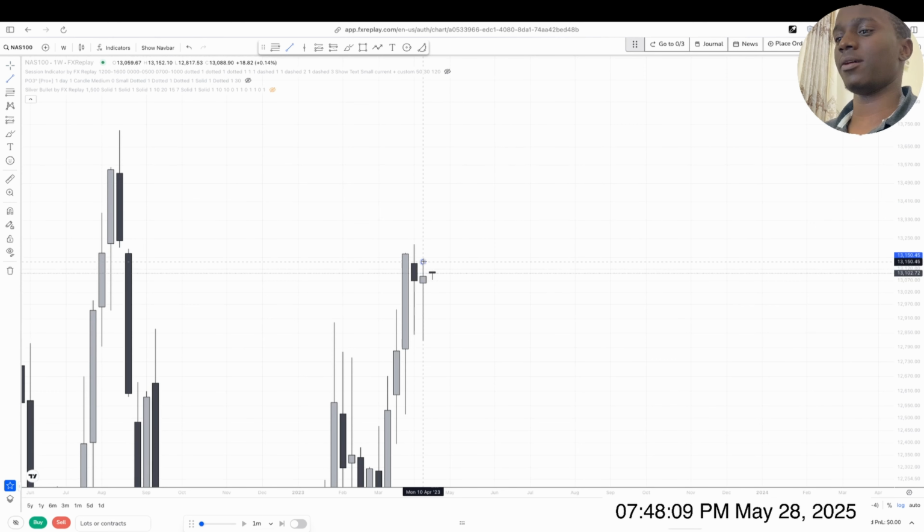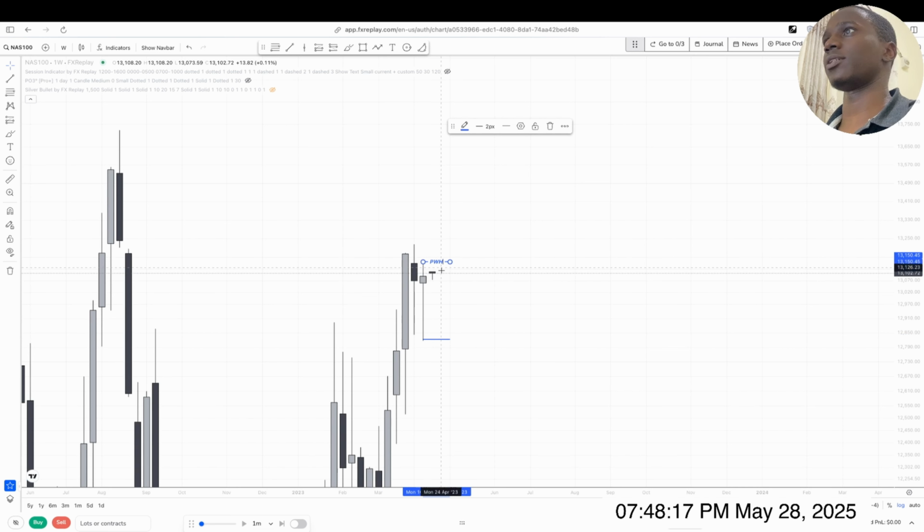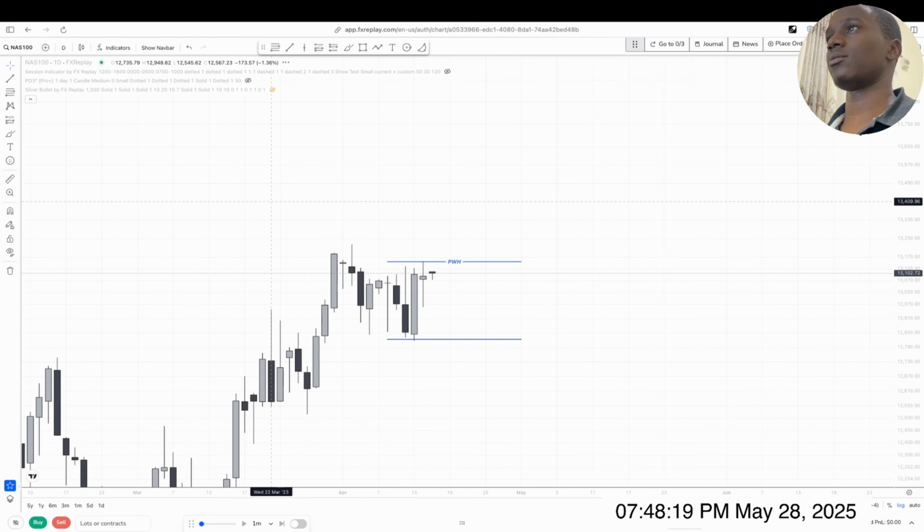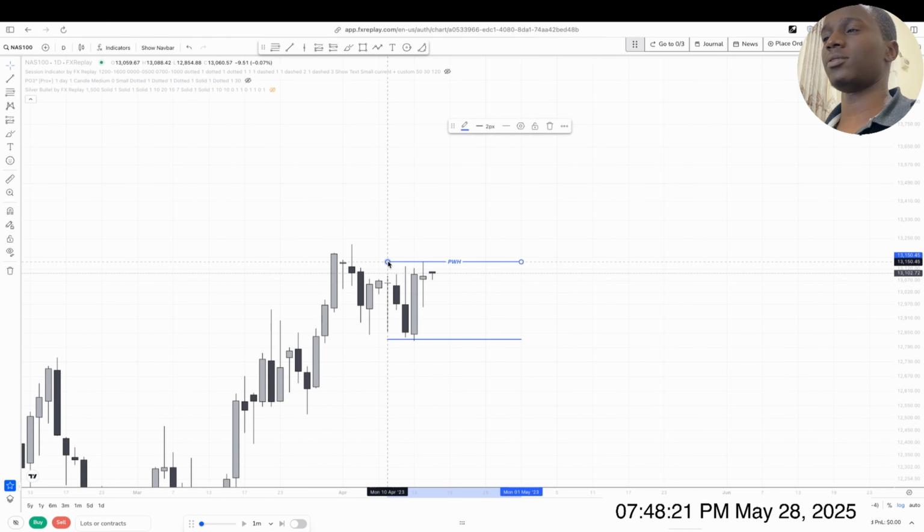So let's not spend much time on this right here, but we can just mark the levels, mark previous week high, previous week low. Now let's go to the daily.